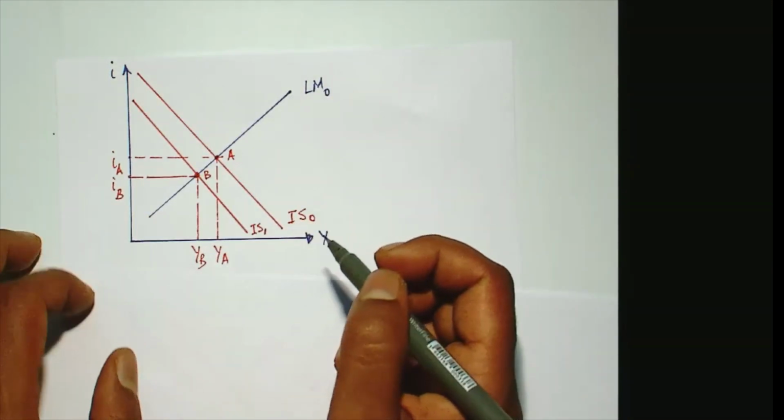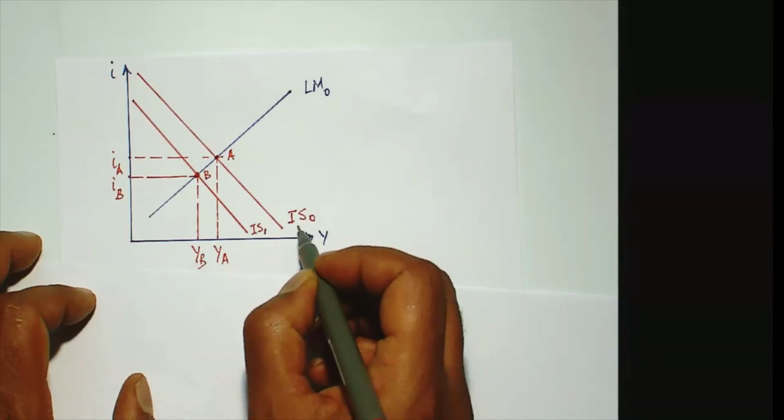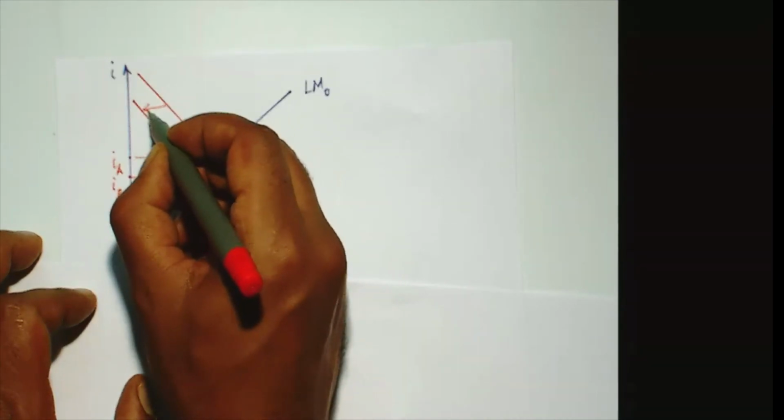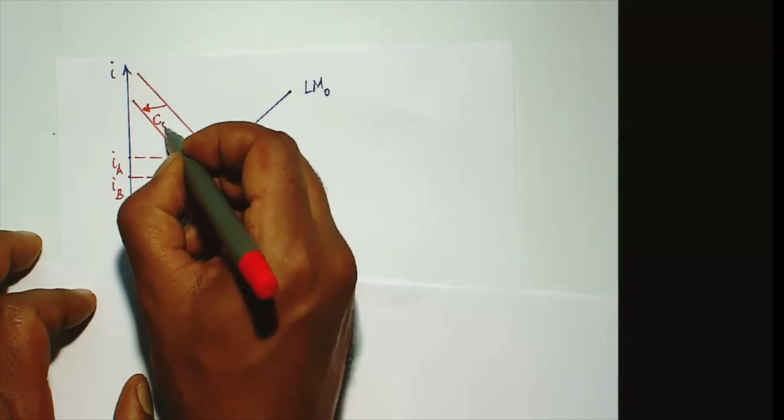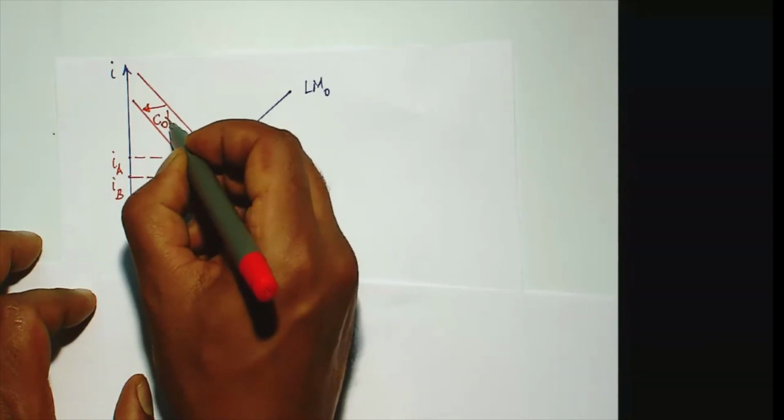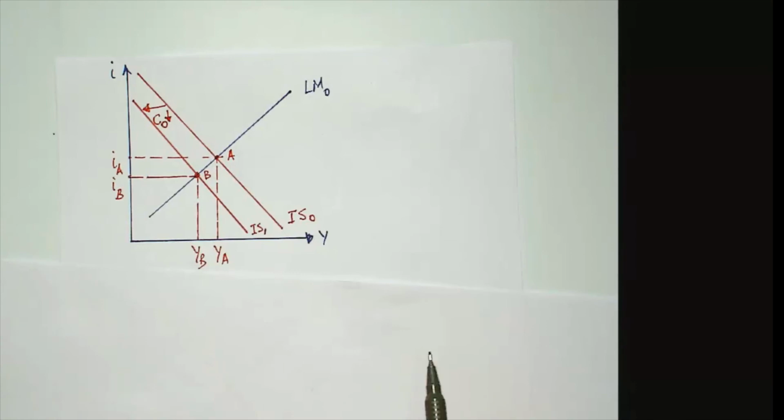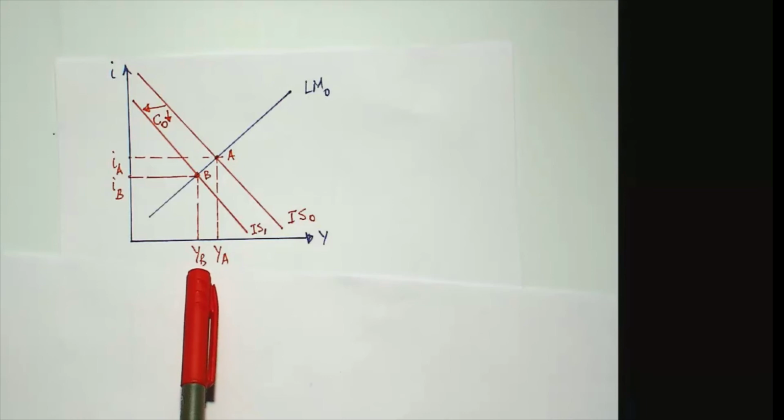And the shift in the IS curve from IS0 to IS1 is actually motivated by a decrease in our autonomous component of consumption, C0. So the shock in consumer expectations can be reflected in the IS-LM curve by a shift of the IS curve to the left, which would give us a lower level of income YB and a lower level of interest rate IB.